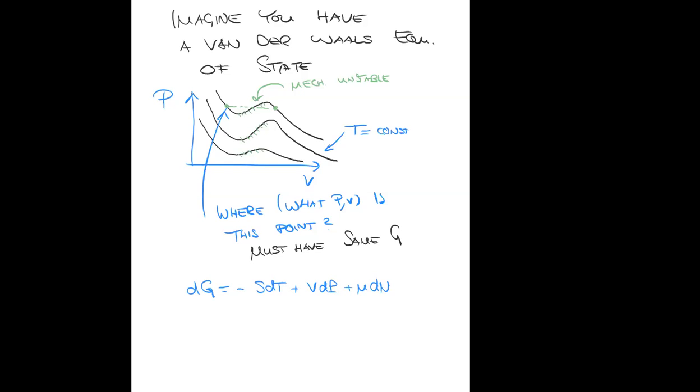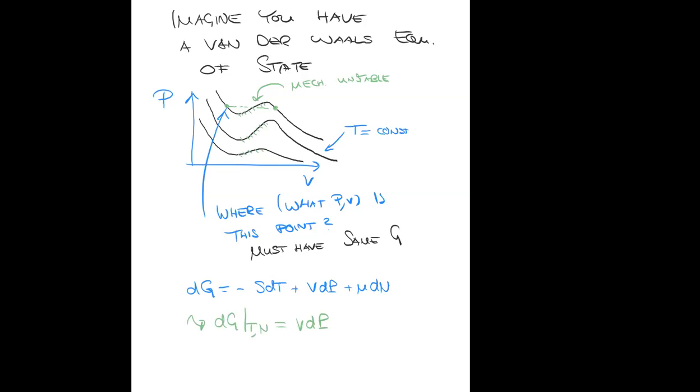So what that means, among other things, is that if I look at this formula at constant temperature and particle number, so these are the black lines that I drew there, they're isotherms, at constant temperature. This formula implies that dG at constant temperature and constant number of particles is V dP, okay?